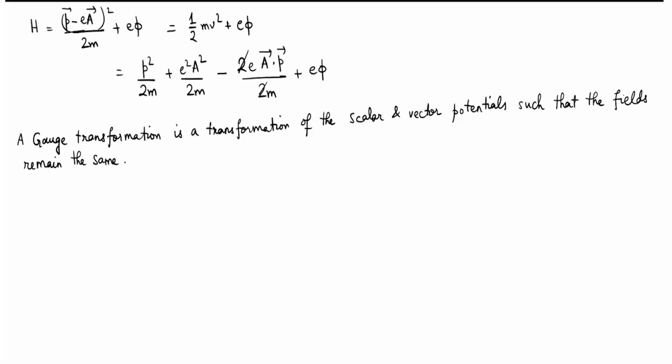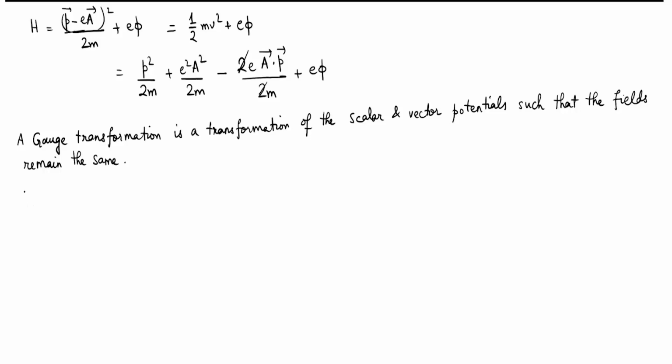So the equations of motion will remain the same. The electric field and the magnetic field will remain the same. The main physics is the fields, not the potentials. You transform these potentials for ease of calculations. But the magnetic field and the electric field will be the same.